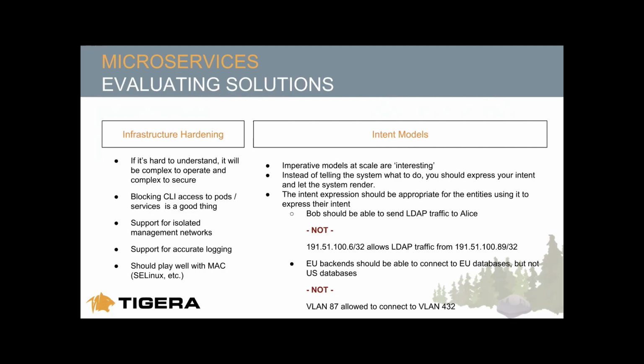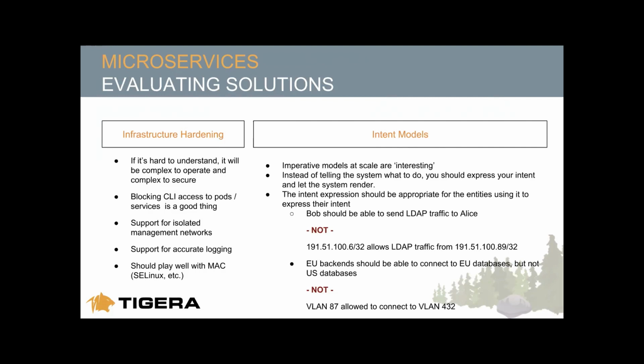Or there might be 10 VLANs for EU backends. And now you've got to go make those policy changes wherever you used a secondary identity or an imperative statement to enforce something. So now you need to remember where all of those rules about EU backends are and make those changes everywhere, versus saying in one place that EU backends are identified by these labels.